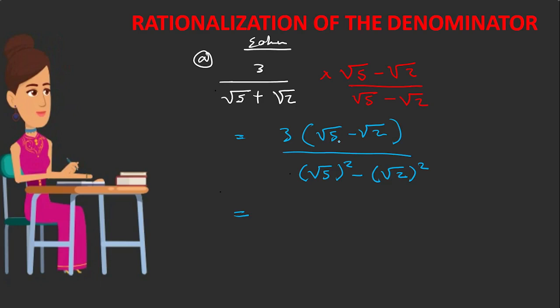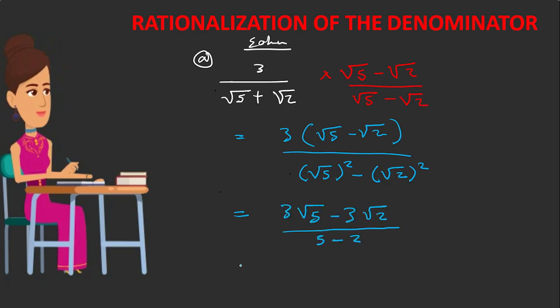3 times square root 5 is just 3 square root 5 minus 3 times square root 2. And then over this one, you can say square root 5 squared is just 5, and then minus square root 2 squared is simply 2.